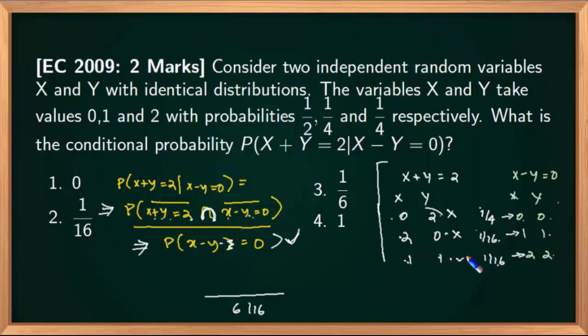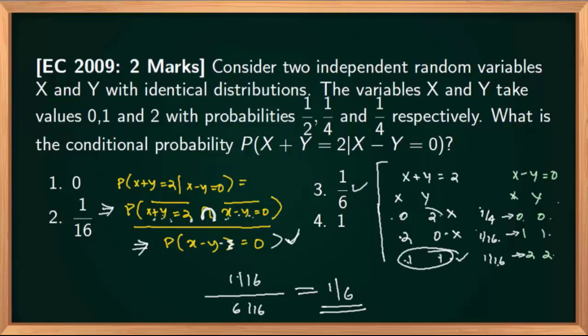But in this particular case it can be 0. Which means that 1, 1 is the only favorable outcome when I consider the intersection of x plus y is equal to 2 and x minus y is equal to 0. So the probability of getting 1, 1 is nothing but 1 by 4 into 1 by 4, which is 1 by 16. So 1 by 16 divided by 6 by 16 will be 1 by 6. Which means that my answer will be 1 by 6.